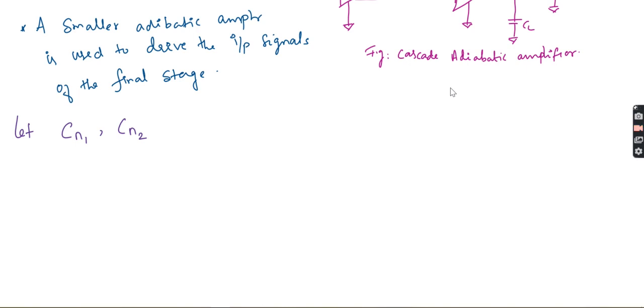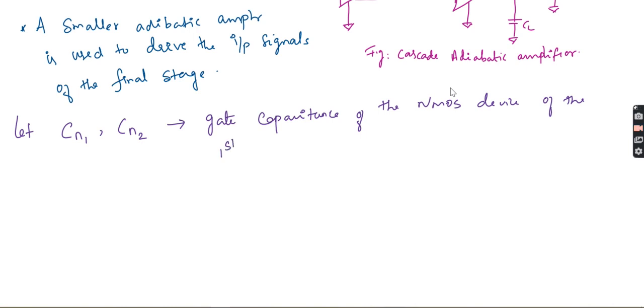Previously we took only Cn, but here, because there are two stages, these will be the gate capacitance of the NMOS device at the first and second stage, the first and second amplifier.